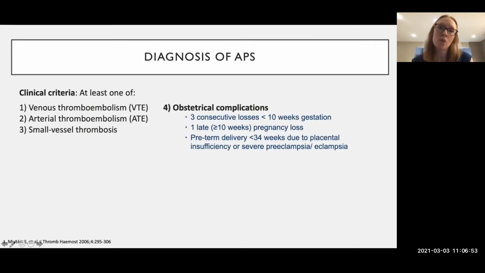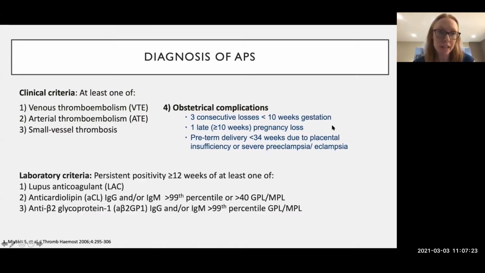To make a diagnosis of APS, you need at least one clinical criterion of venous, arterial, or small vessel biopsy-proven thrombosis, or the obstetric complications: either 3 consecutive early pregnancy losses, 1 or more late pregnancy losses as defined by 10 weeks for the cutoff, or preterm delivery due to placental insufficiency or preeclampsia before 34 weeks.